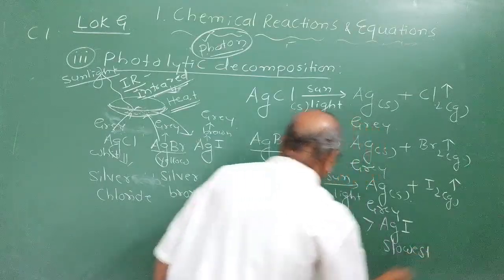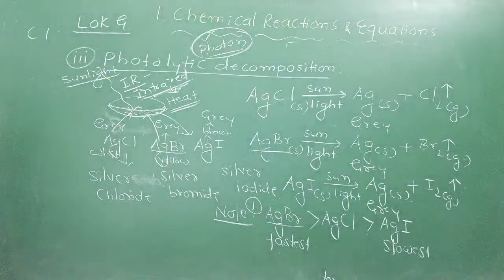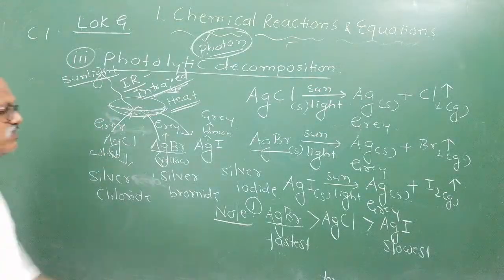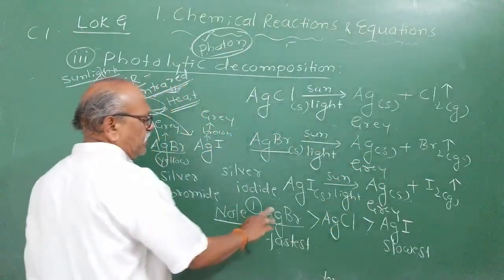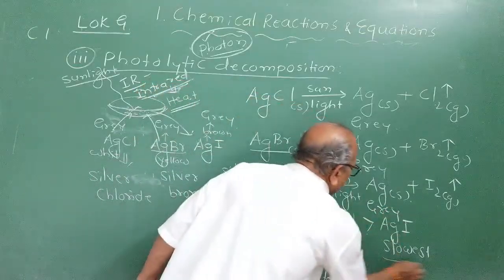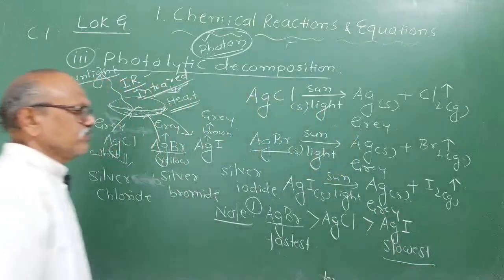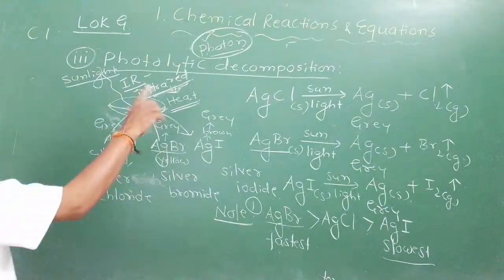Note this particularly for multiple choice questions. Order of reactivity in the presence of sunlight: silver bromide decomposes very fast, next comes silver chloride, moderate, and silver iodide is slowest. I hope you understood. These are called decomposition reactions.